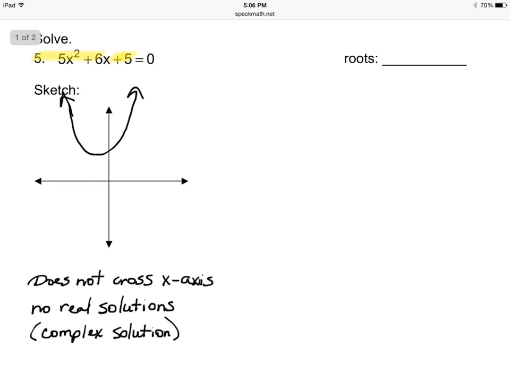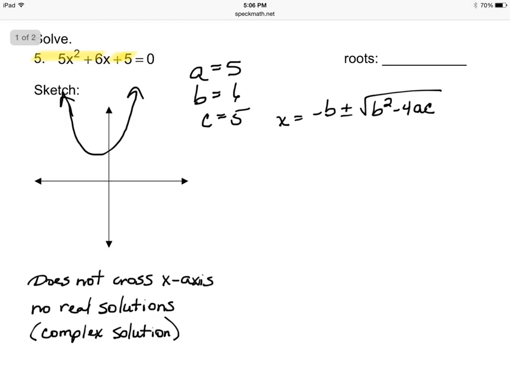We're going to use the quadratic formula. So a is 5, b is 6, and c is 5. Okay? So we have x equals negative b plus or minus the square root of b squared minus 4ac, all of that over 2a.